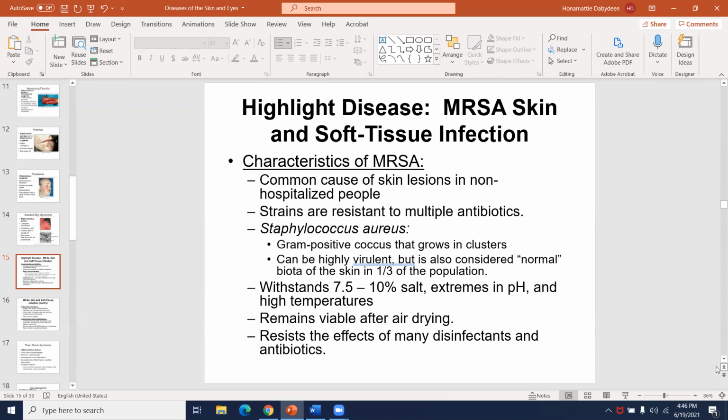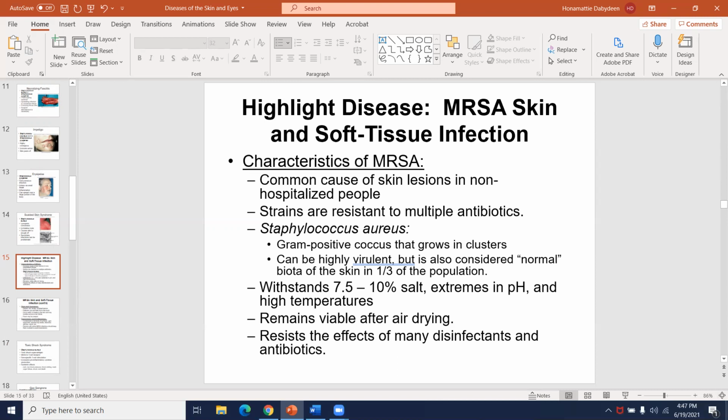But oxacillin used to be a good choice, and methicillin is a very similar drug. Then all of a sudden, these organisms, this particular strain of staph, started developing resistance to common types of antibiotics, including oxacillin and methicillin. And so they call them the methicillin-resistant Staph aureus.